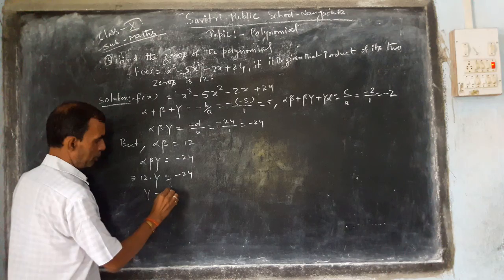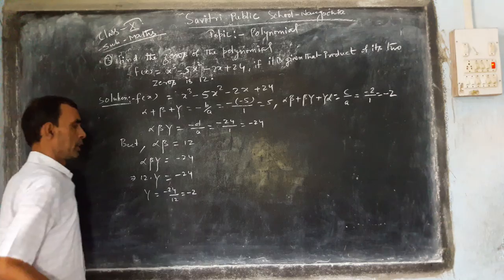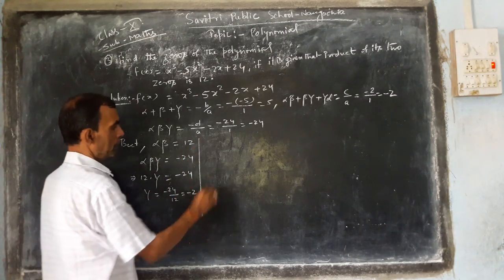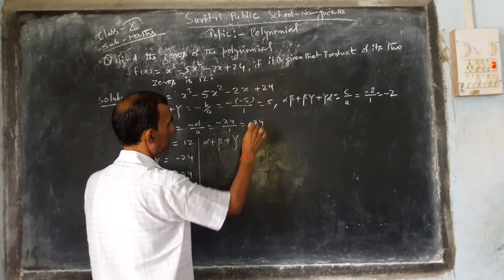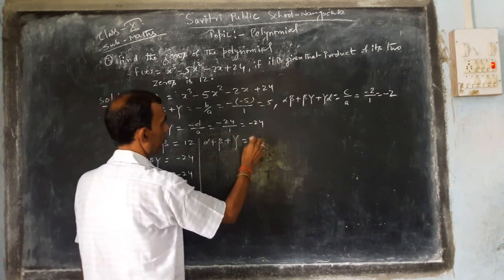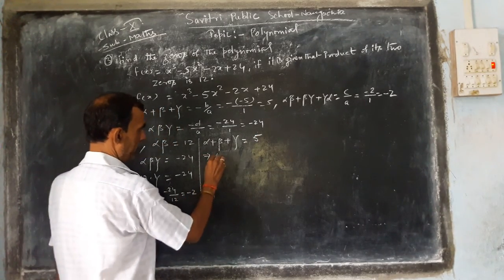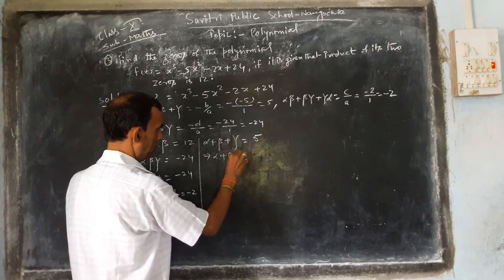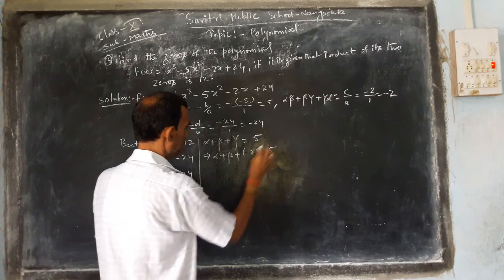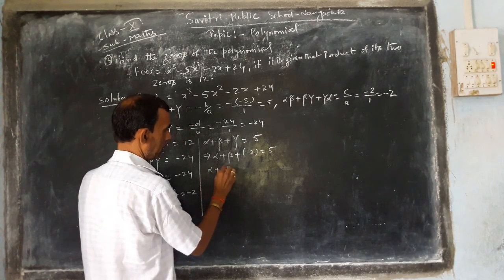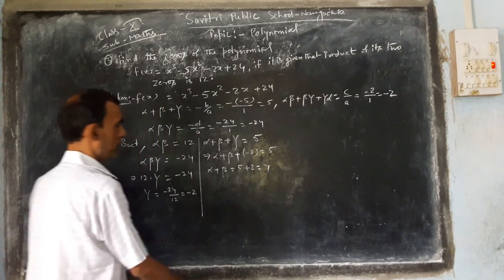Then γ = −24/12 = −2. α + β + γ = 5, so with γ = −2, α + β = 5 + 2 = 7.